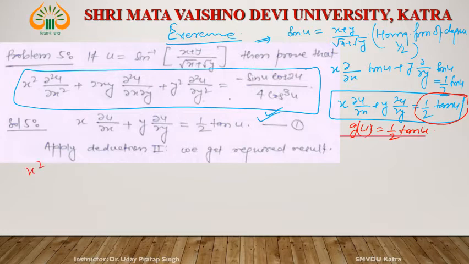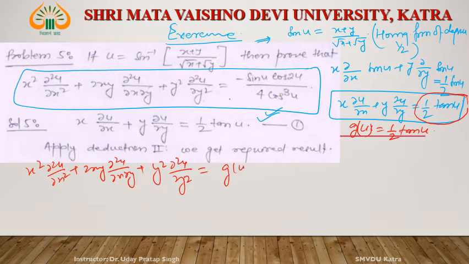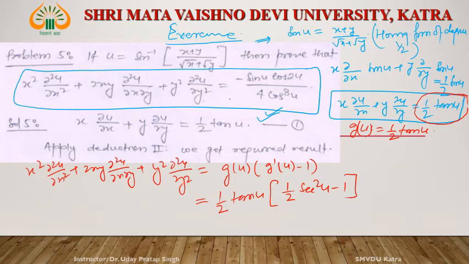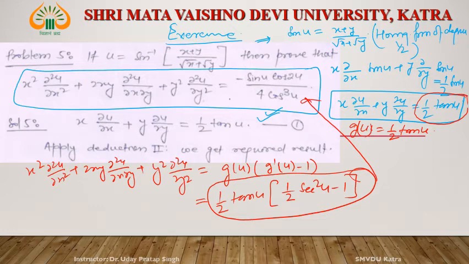Deduction is that x² ∂²u/∂x² + 2xy ∂²u/∂x∂y + y² ∂²u/∂y² is equal to g(u)[g'(u) − 1]. What is g(u)? 1/2 tan u. What is g'(u)? 1/2 derivative of tan u is sec² u, minus 1. Right? After simplifying this, we got this term. Right? You can verify it.